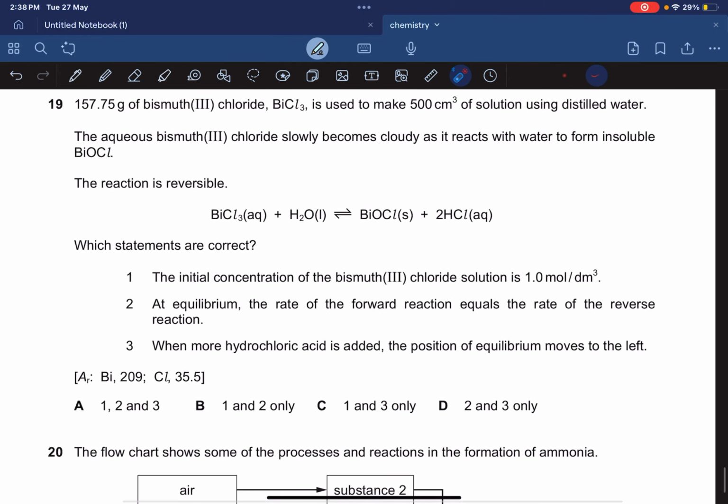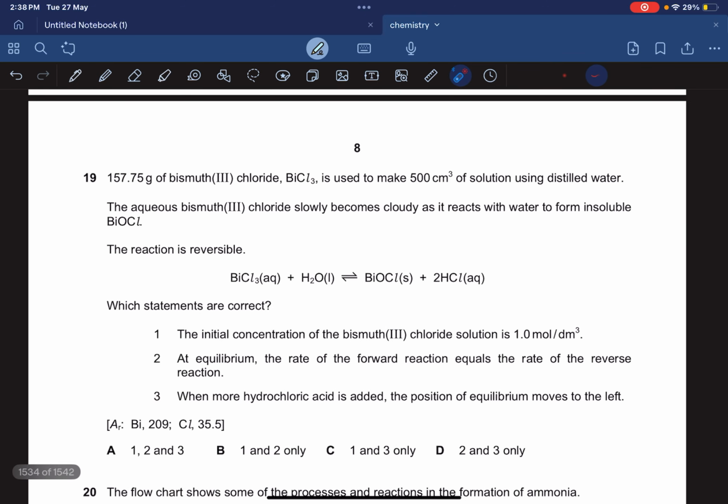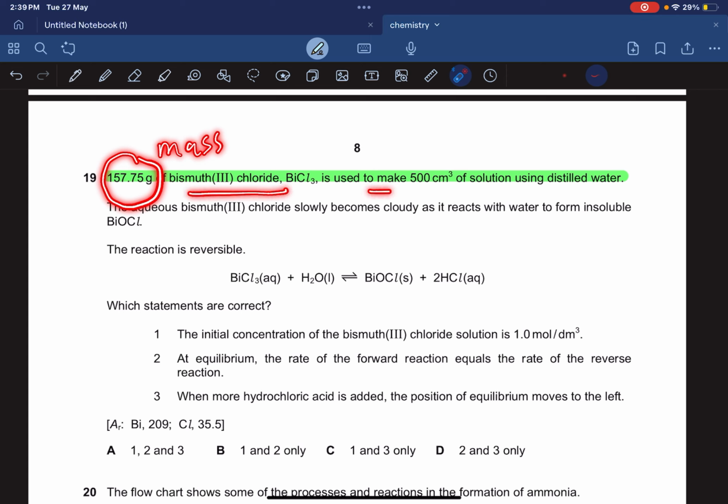I guess there's a lot of mole work in this paper, a lot of moles. Okay, 157.75 g of bismuth chloride is used to make 500 cm cube of solution using distilled water. That's the mass of bismuth chloride you have, and that's the volume you have.